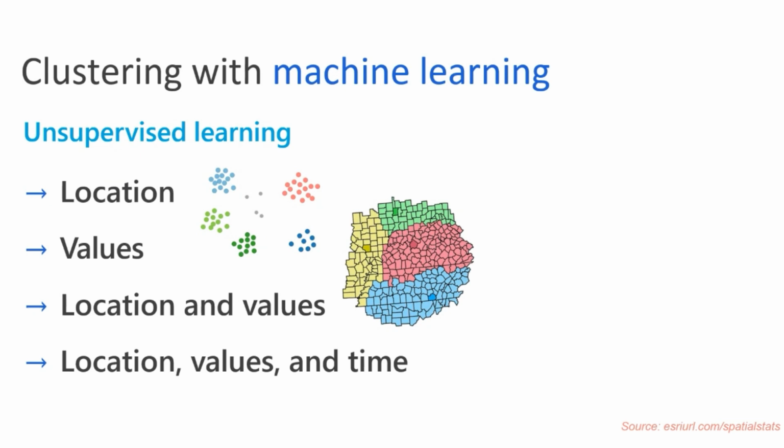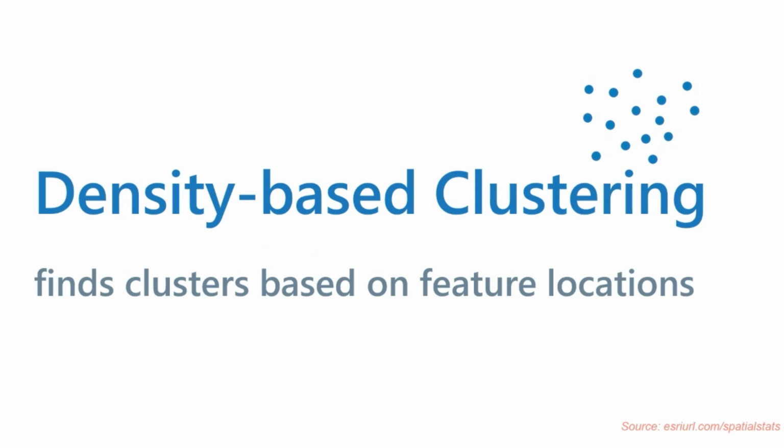So if your data set has values, you can use algorithms to cluster your data based on values. We have options to combine these two. If you're interested in clustering with a spatial contiguity, then you can use location and values, and you can also add a time component to it.